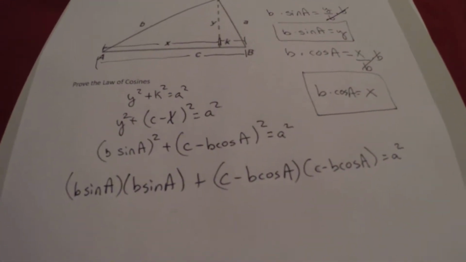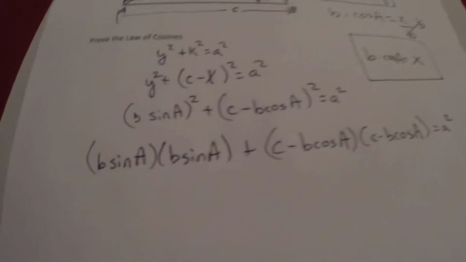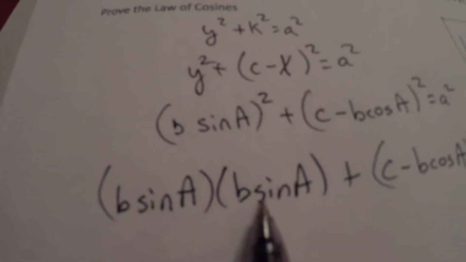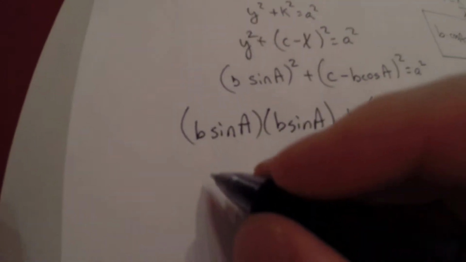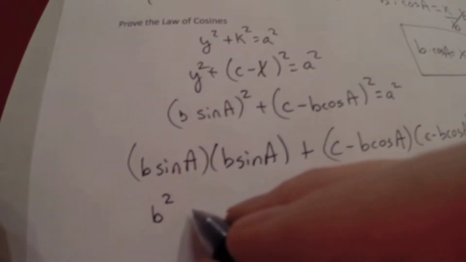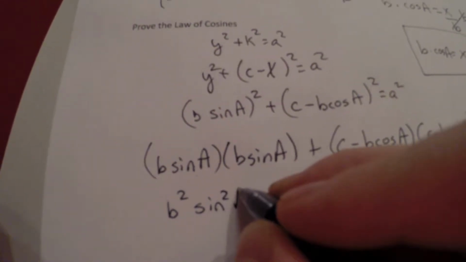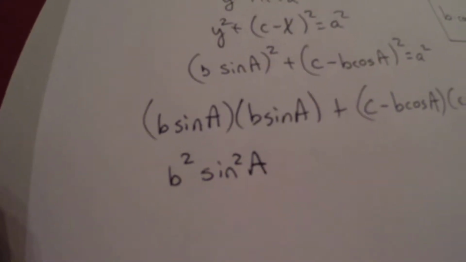Okay, now comes the interesting part. What happens when you do b sine a times b sine a? Well, b times b is what? b squared. Sine a times sine a is what? Sine squared a. Remember, anything times itself is squared. 3 times 3 is 3 squared, right? So the same argument: b times b is b squared.